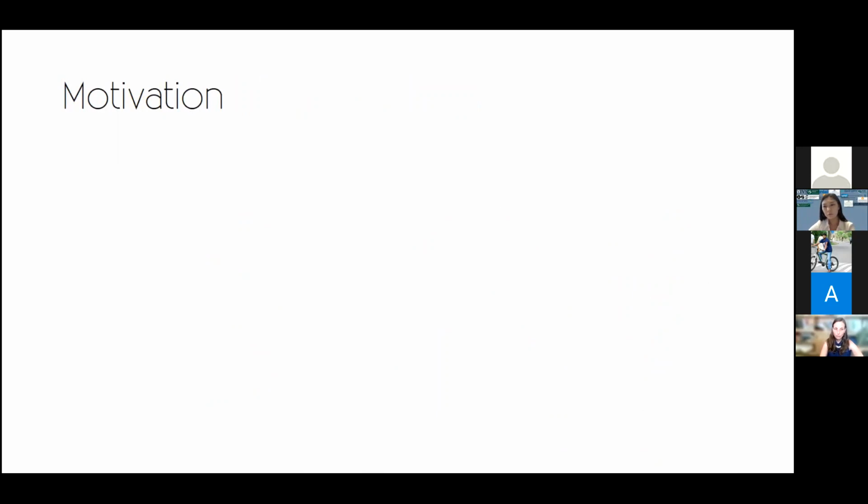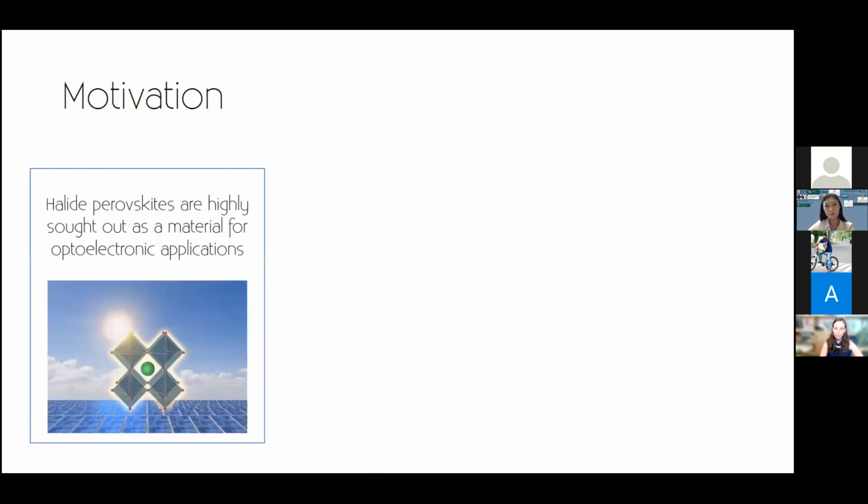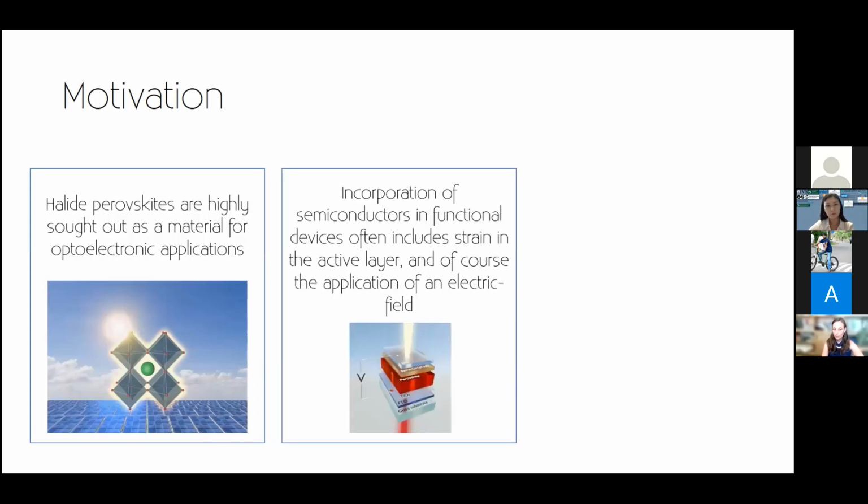So the motivation for this work came from the fact that these materials are highly sought after for optoelectronic applications. And when we look at any optoelectronic application, we are bound to have an electric field in our device. In addition, we are also probably bound to have some strain, especially if we're talking about epitaxially grown layers, which are more and more used in this field.